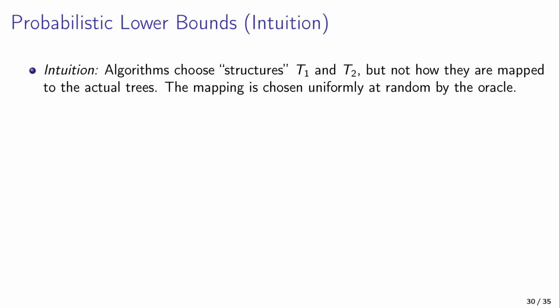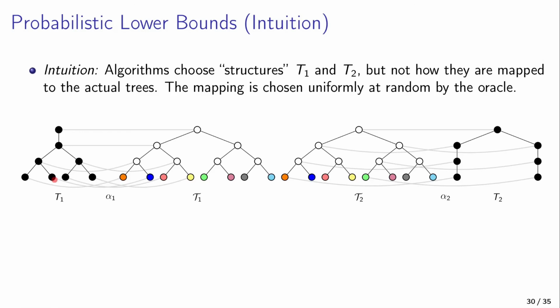The very rough intuition behind the lower bound is that the algorithms in the model are not free. We can characterize what they are able to do by saying they choose the structure of how they will probe in the trees, but not which precise parts of the trees they get to look at. In a sense, they choose two structures T1 and T2, and the oracle chooses uniformly at random a root-preserving homomorphism into the actual trees.